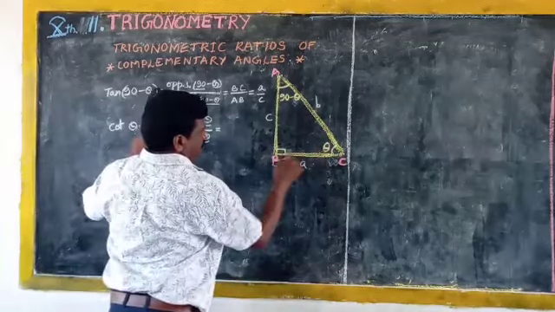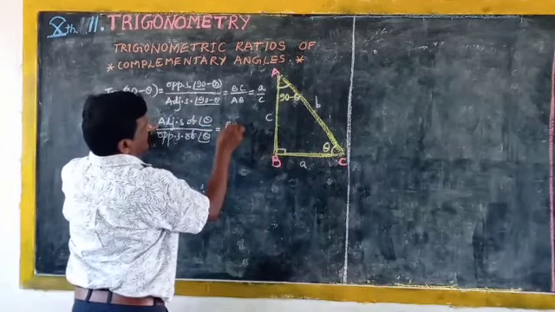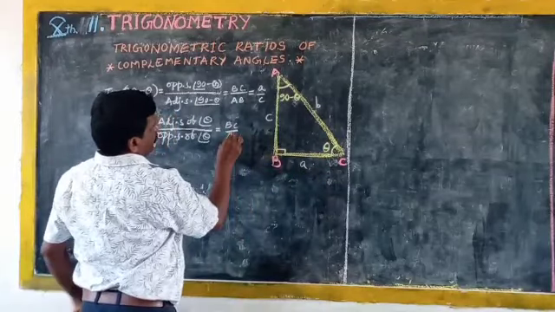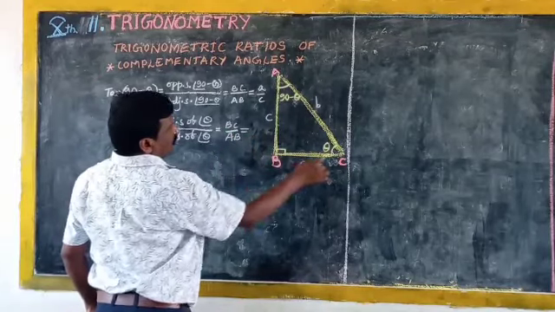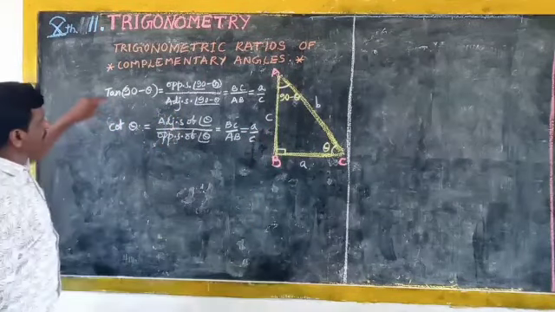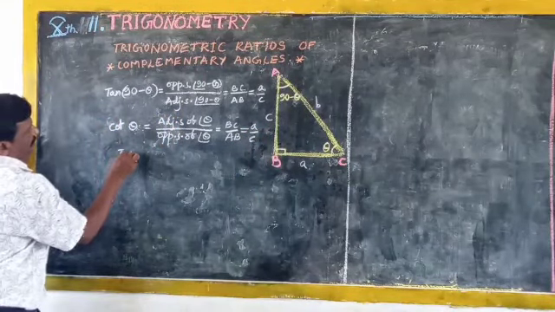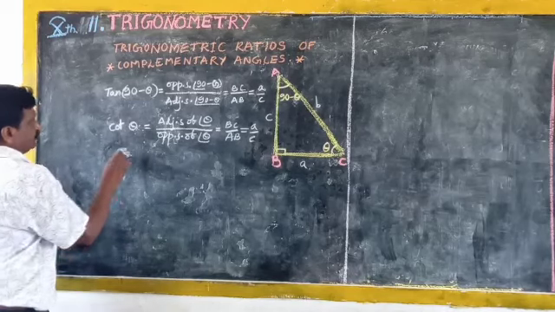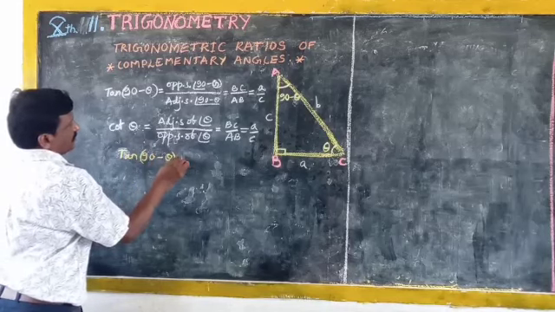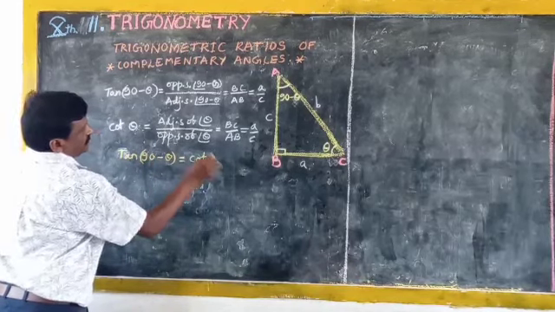Adjacent side of theta BC by opposite side AB, that is A by C. So tan 90 minus theta is equal to cot theta.